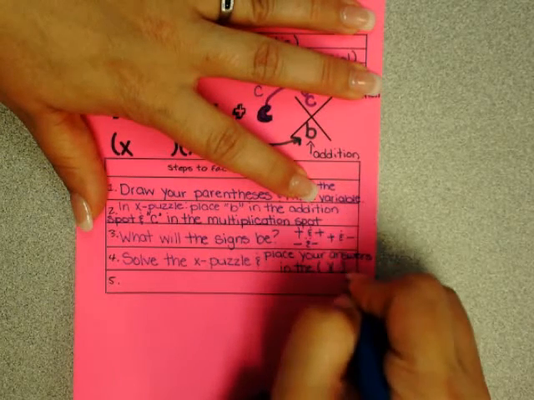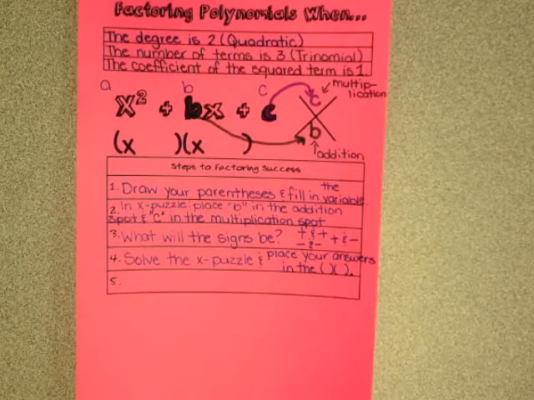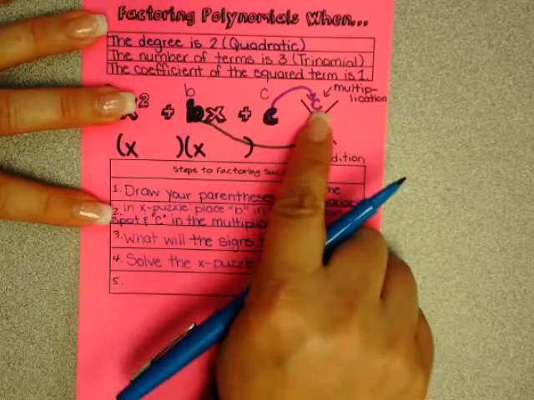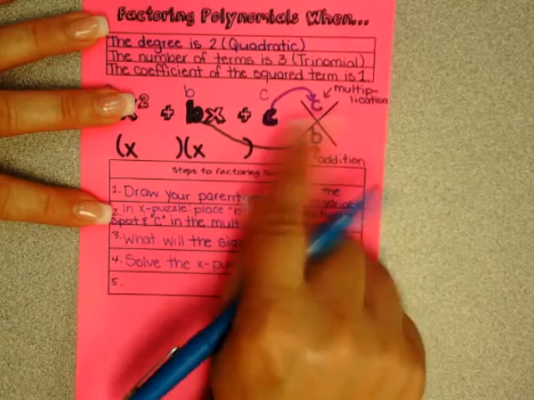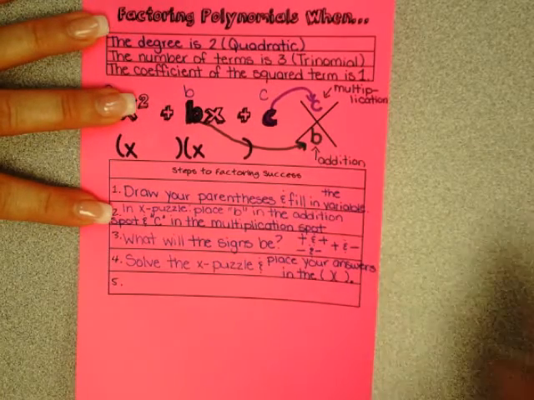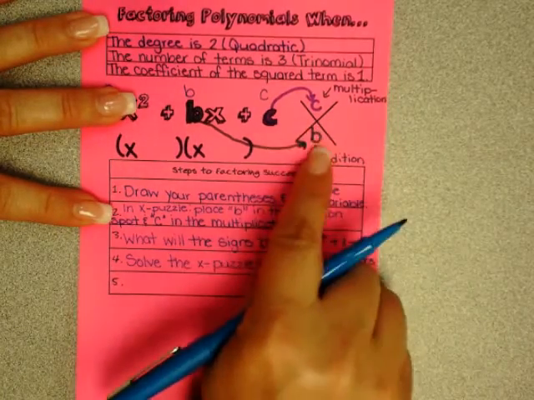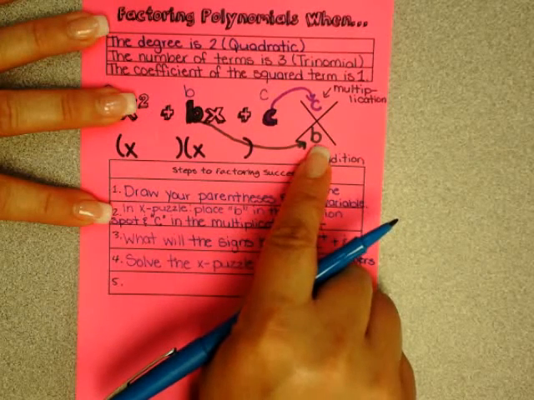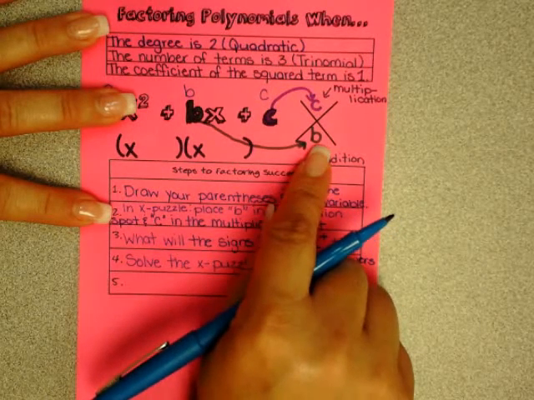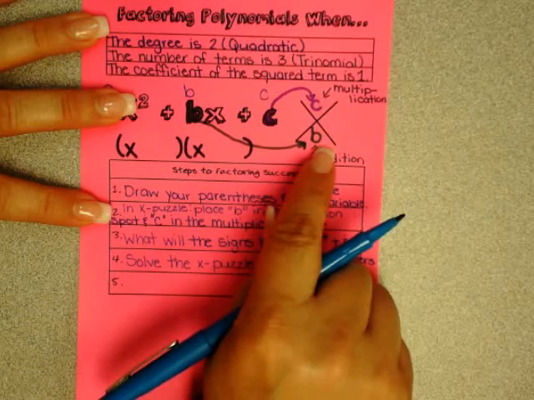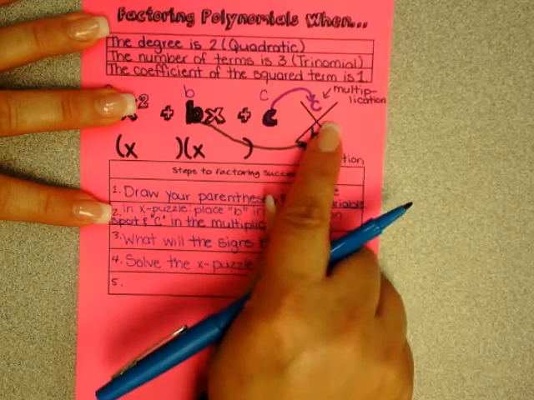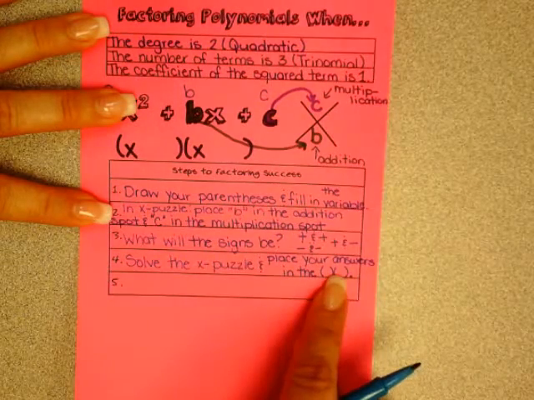So what does that mean? How do we solve the X puzzles? We'll go more in depth when we do our example with numbers, but basically what we do is we take C and we factor it. We find the factors that will multiply to C, but they have to add in some way to get to B. Once we figure out what those factors are, and we know that they multiply to C and add to B, we will place them in here with their signs and then place them in the parentheses.